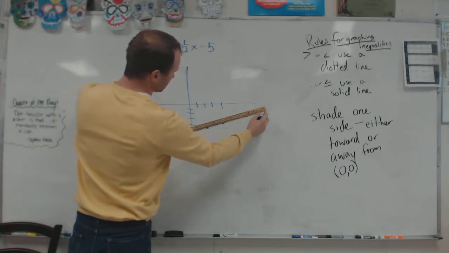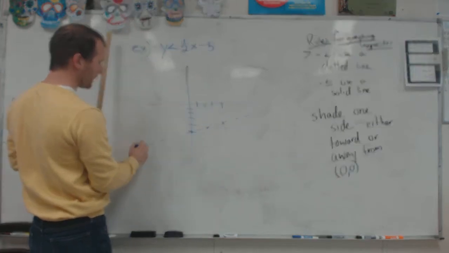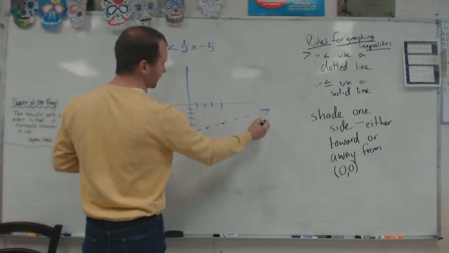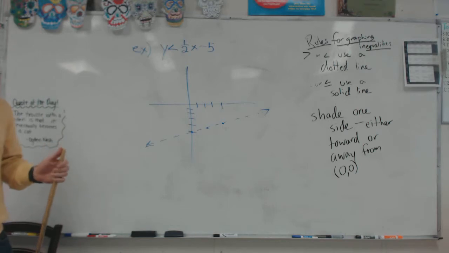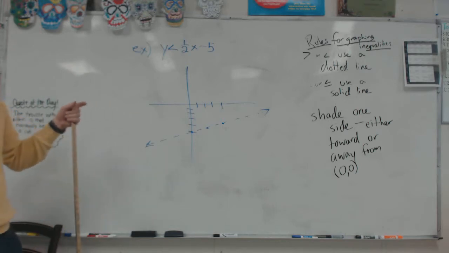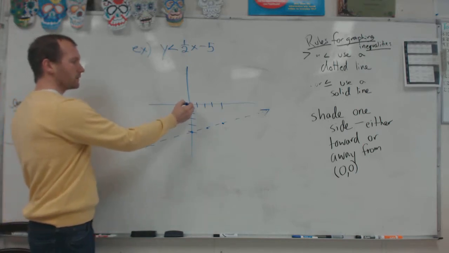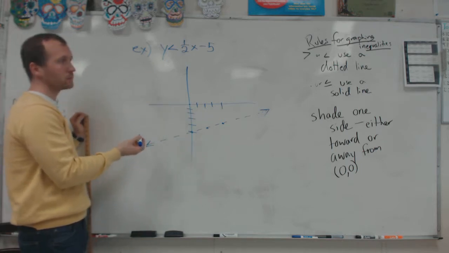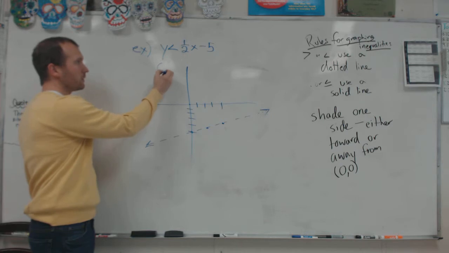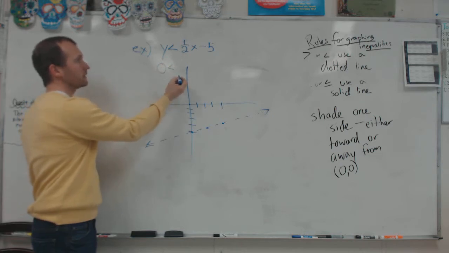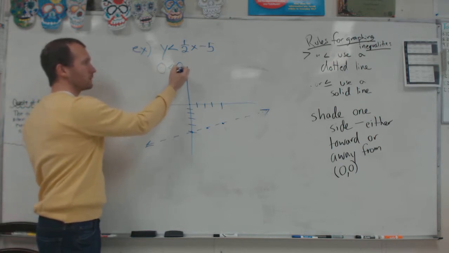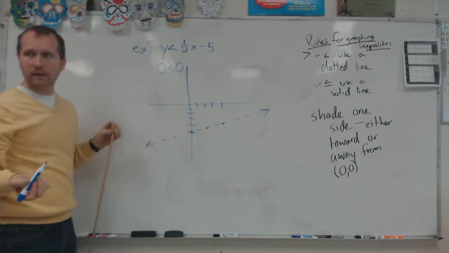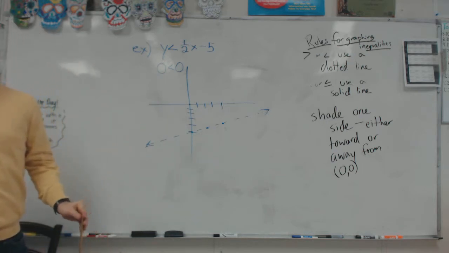It's not equal to. Shading part. The shading part is the new part, right? That's the tricky part. Okay. So let's look at this. Here's 0, 0. Let's plug that in and see if it's true. So 0 is less than 1/2 of 0, but anything times 0 is going to be 0, right?